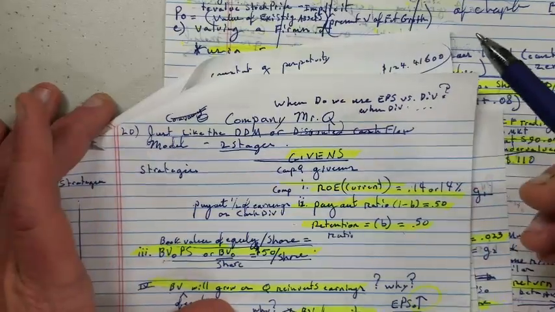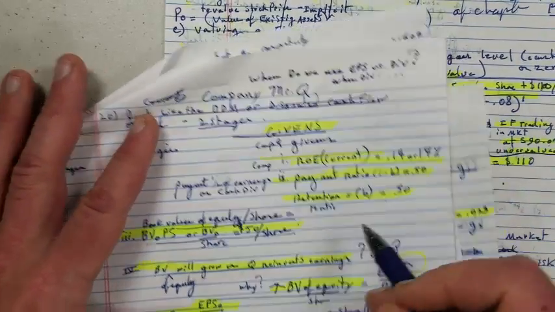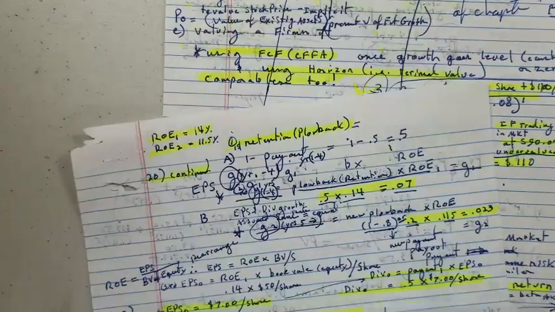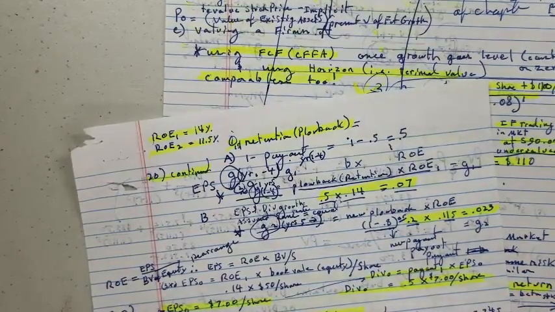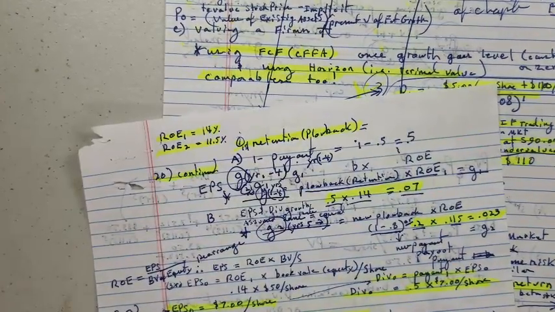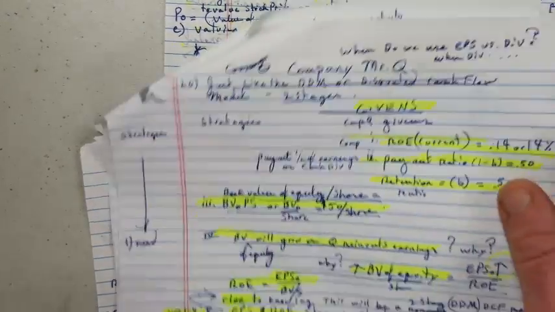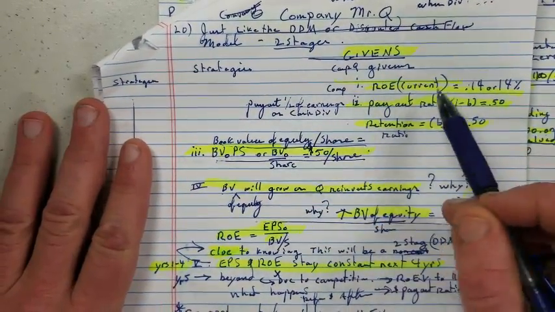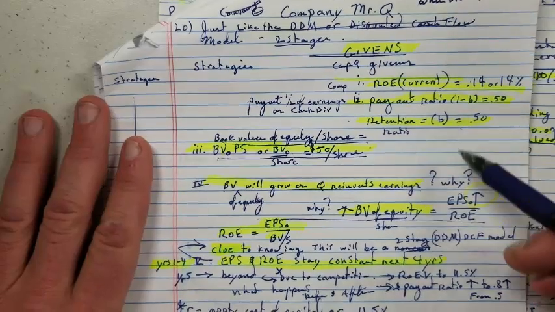So in this problem, in number 20, I put down the givens, all right? And remembering that, in essence, I have 2 ROEs, okay? The strategy that I'm going to follow, I'll just give you a quick heads up. I put the givens down.